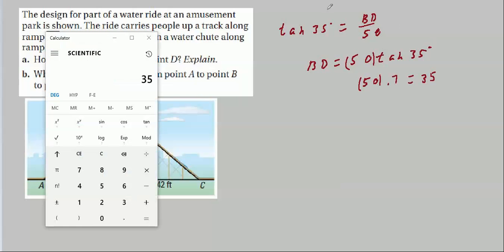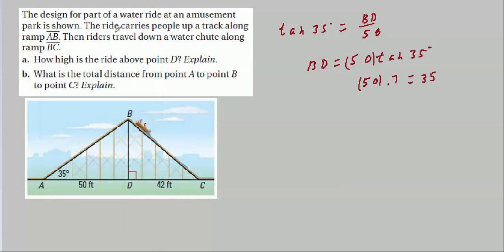So if we take the tangent of 35 degrees here, we're going to get 0.7 times 50 is 35. That means the altitude here, that's 35. We'll just go ahead and write it in, I guess. Or maybe we can put it up here.